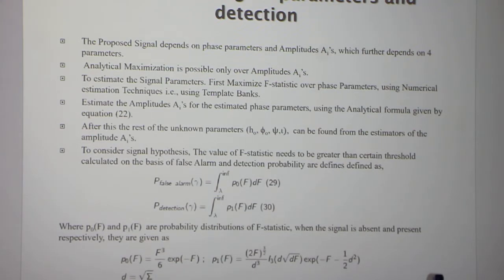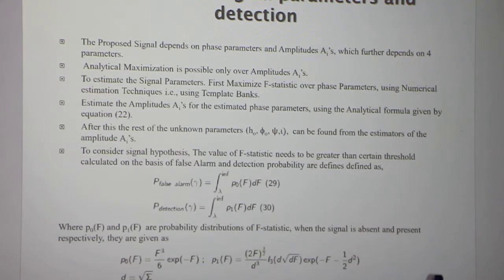So we have our F statistic. Then, as I told you, there are 8 parameters: 4 phase parameters and 4 other parameters which I defined earlier, upon which the Ais depend.